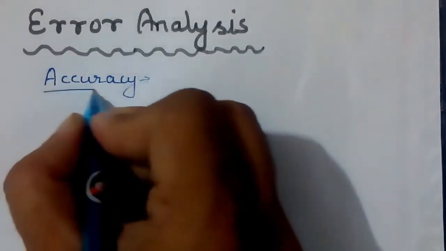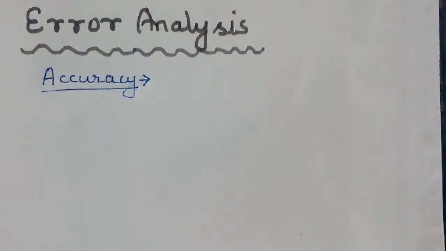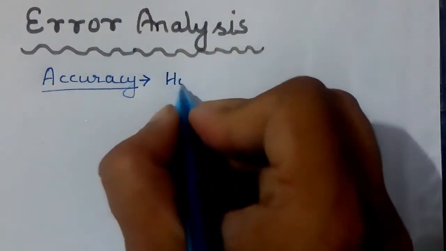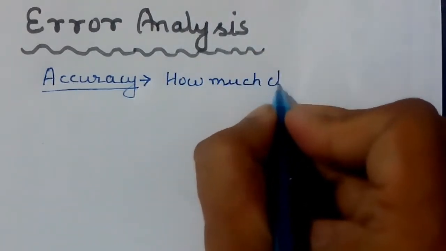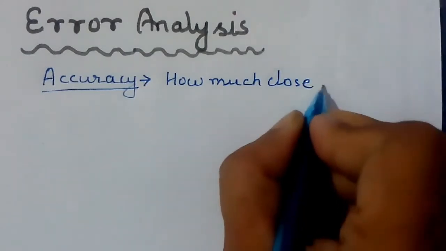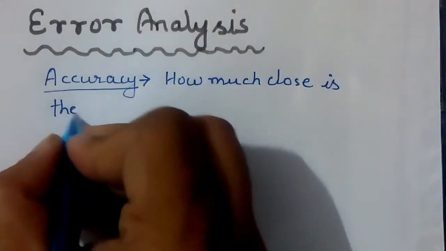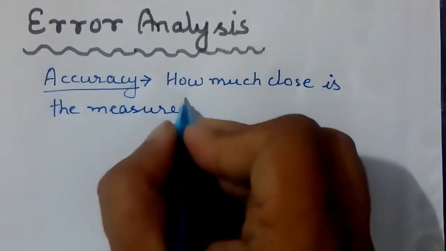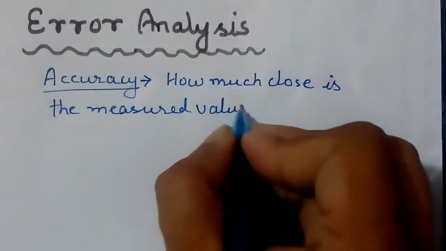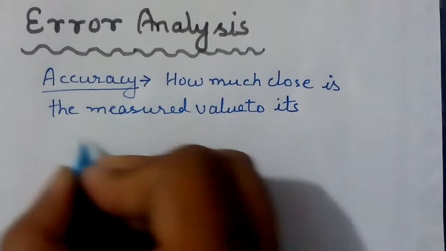So before starting the concept of error, we have to introduce certain terms, and the first term is accuracy. Accuracy is very important in measurement. Accuracy means how close the measured value is to its true value.